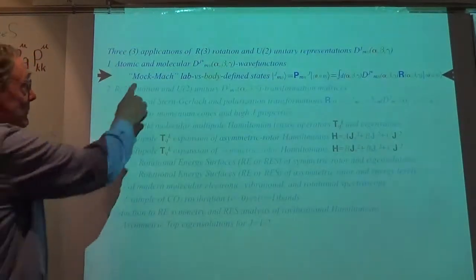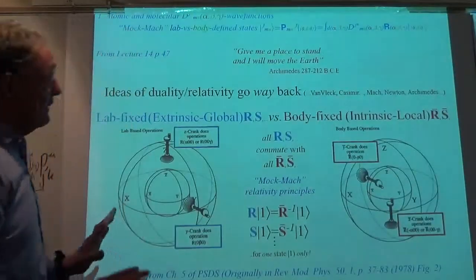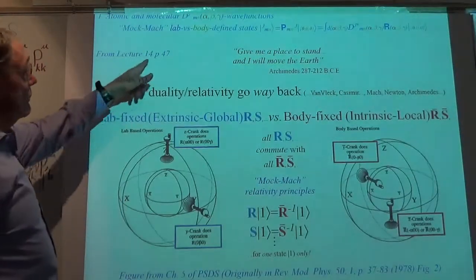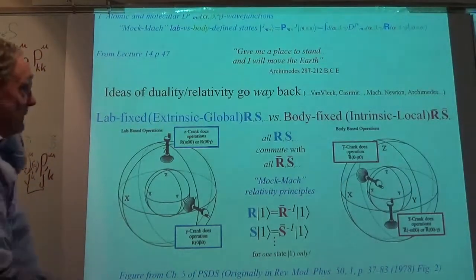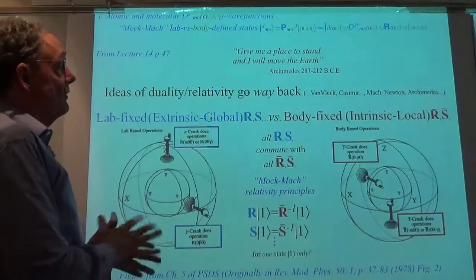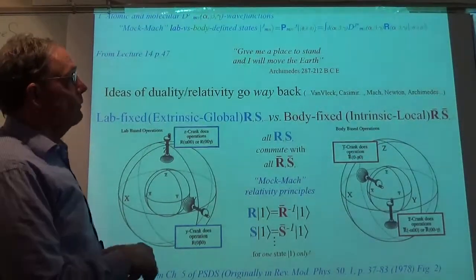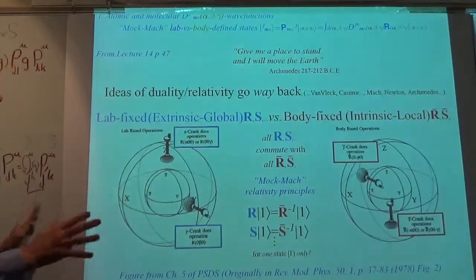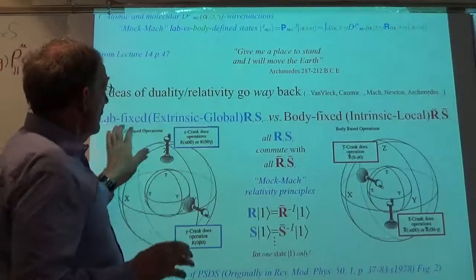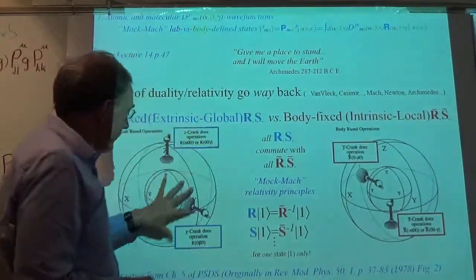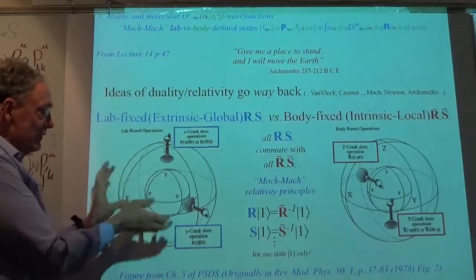Okay, now this Mach thing, where does that play a role here and why? Let's review that. We've been through this in lecture 14 with respect to the finite groups. Now we're talking about all possible rotations, so this is really making it apply to everything in the R3 and U2 world, but I claim it's good for any symmetry problem, particularly permutational ones. But we have a lab-fixed set of operators, and the victim, the quantum object, is inside there.